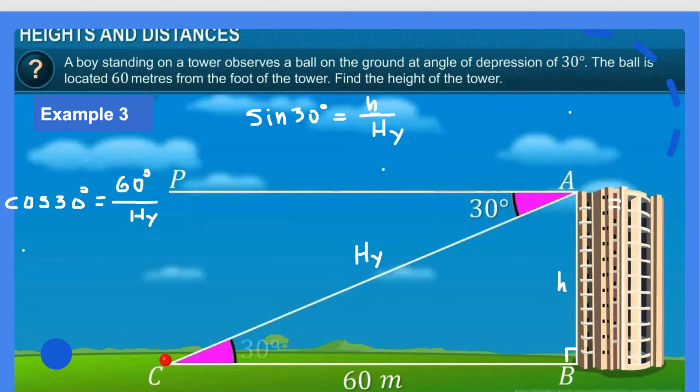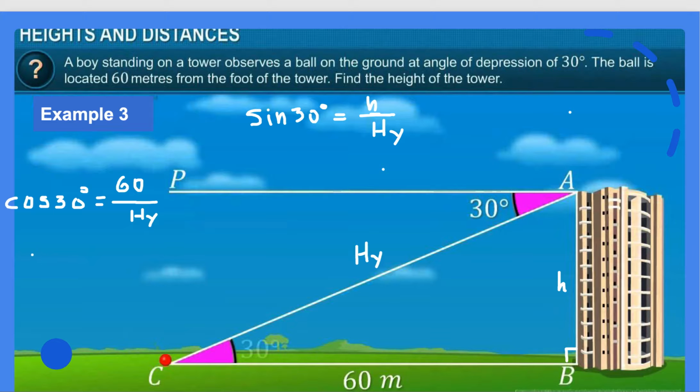Now we want to find the hypotenuse. We have 60 meters here, and we have the hypotenuse. In order to find the hypotenuse, we multiply the whole equation by the hypotenuse and divide by cosine 30 degrees.